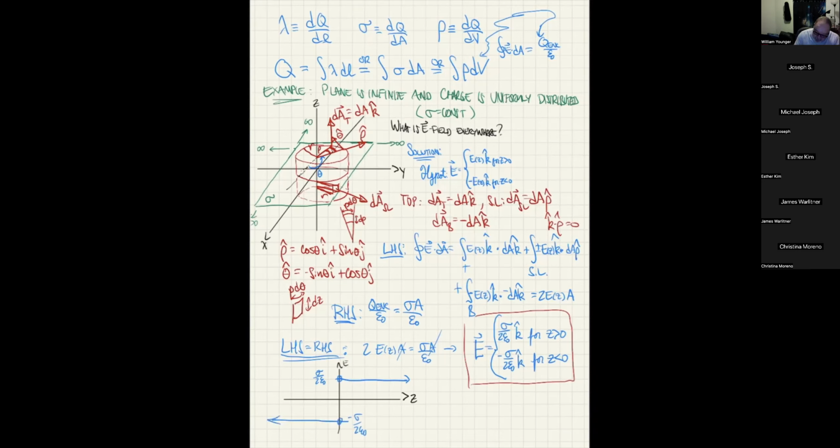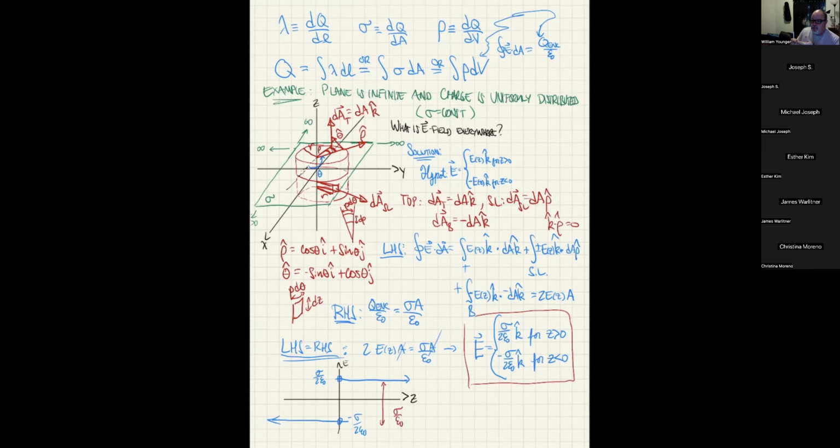That discontinuity there, from here to here, is actually sigma over epsilon naught. It turns out that for electric fields, whenever an electric field penetrates from one area to another, the component of the electric field perpendicular to the surface is continuous if and only if there's no surface charge.